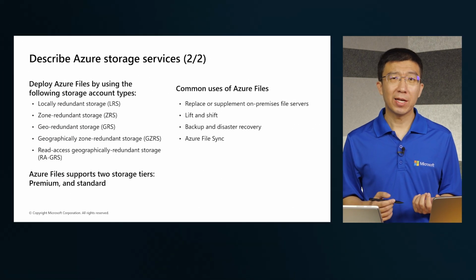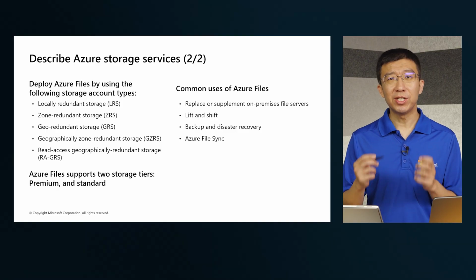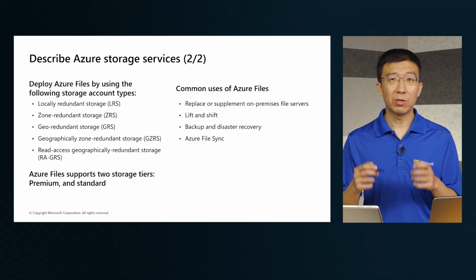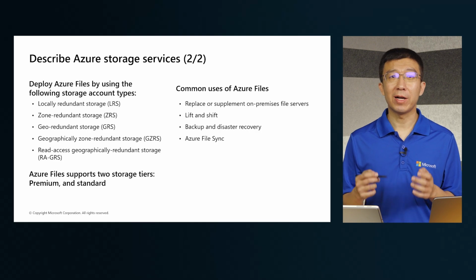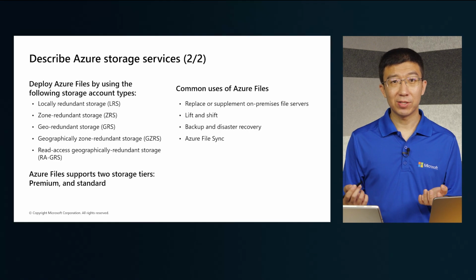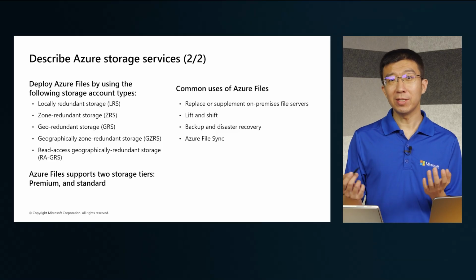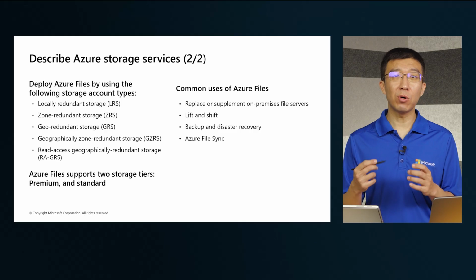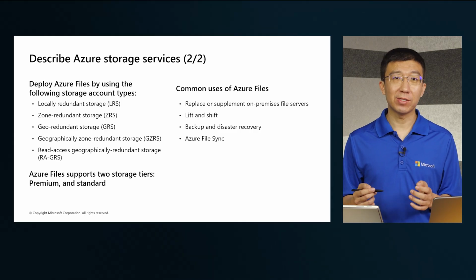Azure Files can be deployed using different storage account types. Locally redundant, LRS. Zone redundant, ZRS. Geo-redundant, GRS. Geographically zone redundant, GZRS.